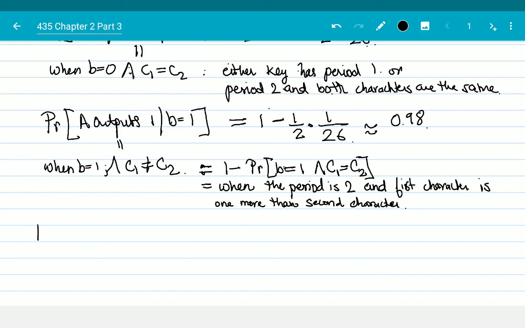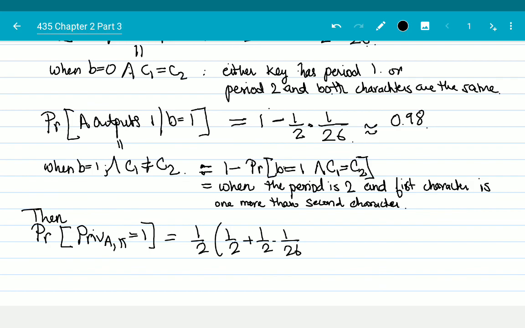Then the probability of my experiment succeeding, A pi is equal to 1, which is the sum of these two probabilities, is 1/2 times 1/2 plus 1/2 times 1 over 26, plus 1/2 times 1 minus 1/2 times 1 over 26, which is equal to about 0.75, which is greater than 1/2.